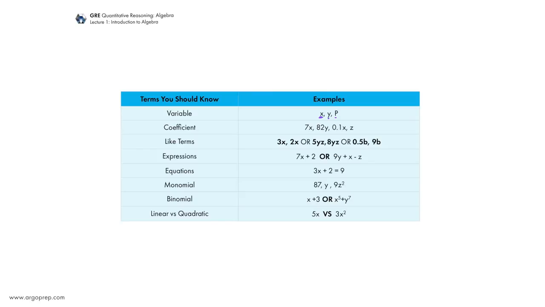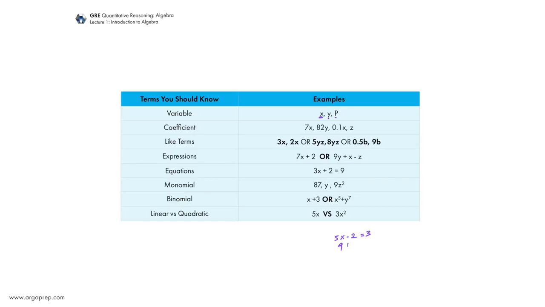So if I were to simply have the equation 5x minus 2 is equal to 3, how do I solve? I have to solve for that variable, which is x. You have to know the basic rules of solving an algebraic equation, and if you don't know that, that's fine. We're going to cover that in a later video in the algebra section. What we want to do is isolate the variable.